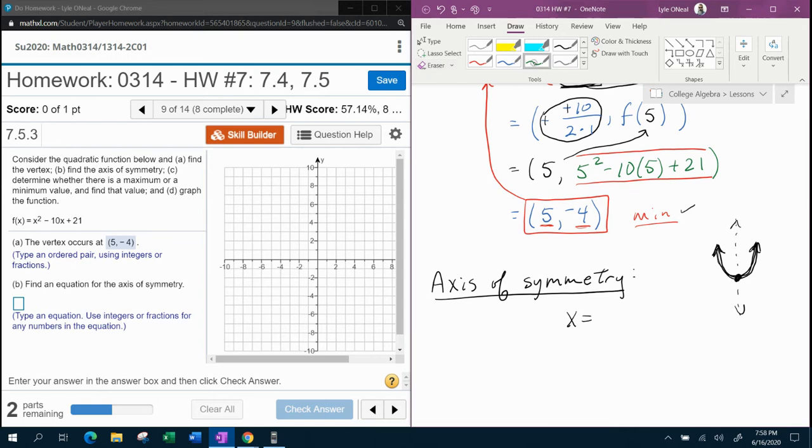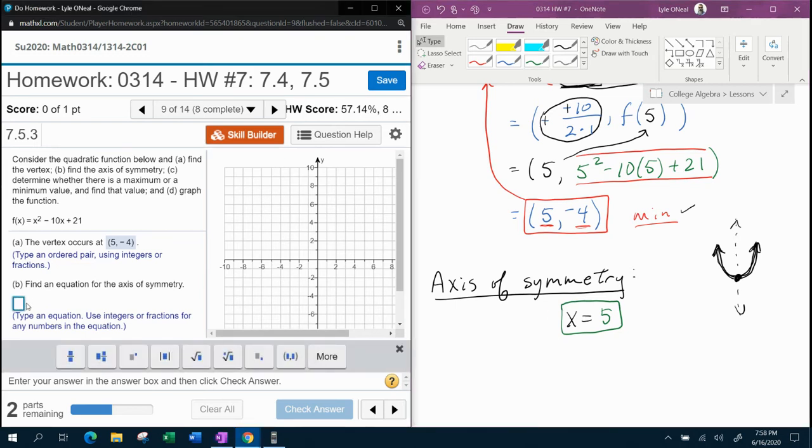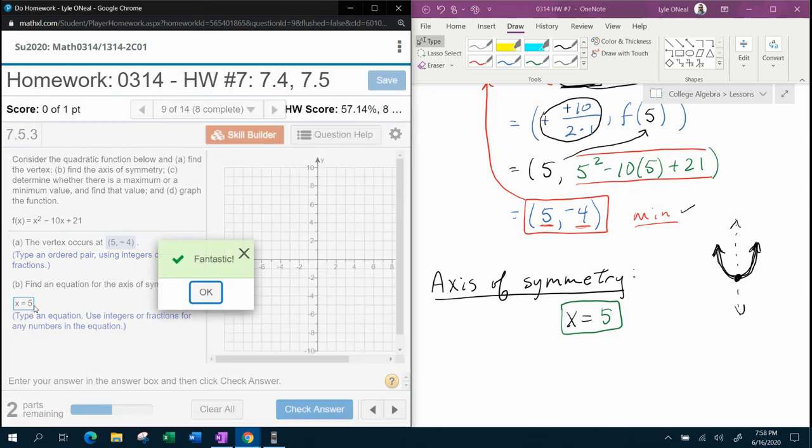Okay, so the axis of symmetry is always going to be x equal the x coordinate of the vertex. And the most common mistake people will make when putting this into MyLab Math, they'll forget to put the x equal. You've got to have the x equal because the axis of symmetry is a line, and therefore it has to be the equation of a line. It has to be x equal 5.